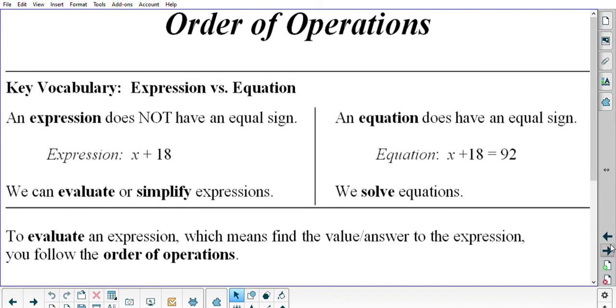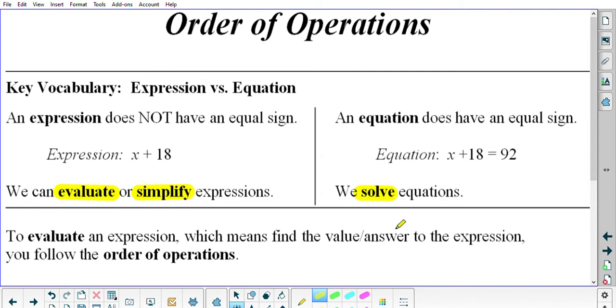Now, more important vocabulary for you to understand. When it comes to expressions, we can evaluate expressions, which is what we're going to be focusing on in these guided notes, and we can also simplify expressions, which we'll get into a little bit later this year. With equations, we actually solve equations.